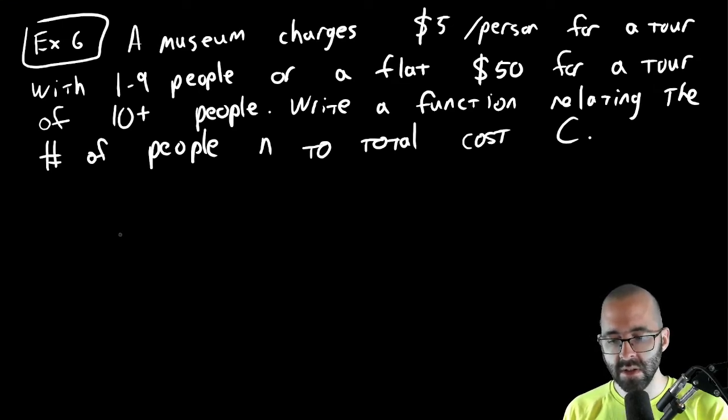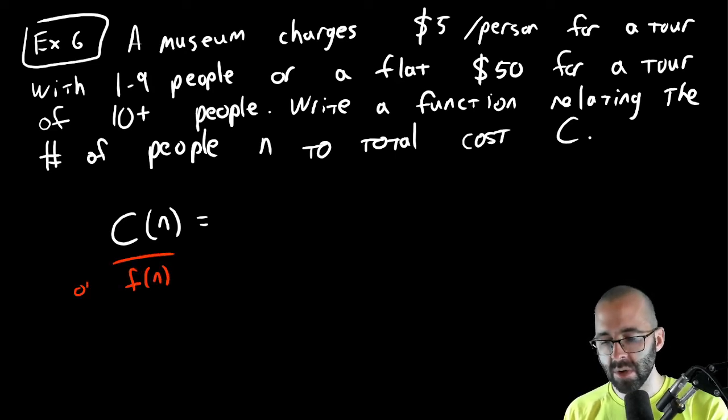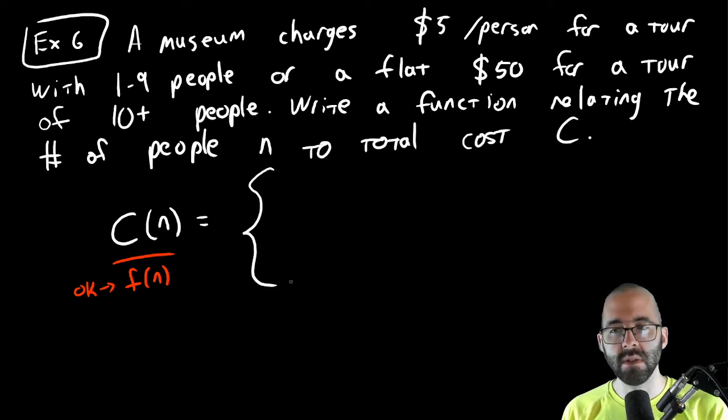This function, right, the cost is a function of n. Usually we write f of x. You can also write the cost C as a function of n. You could also write a function of n like this. This is okay too, if you wanted to do that instead. But the cost is a piecewise function, right? Because it's $5 per person.